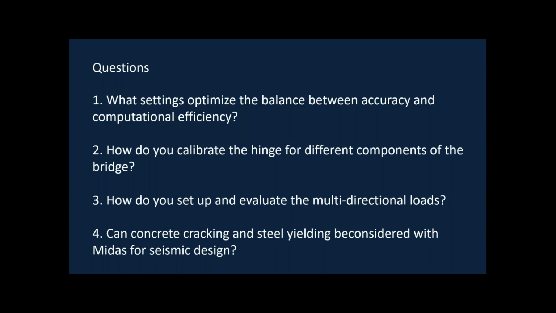So we need to provide a balance between that, and the practicing engineers and researchers are using the lumped plasticity type of model, and they have seen that it is a good representation of the actual scenario. Even if it is approximate, it has historically given better results. So we can go with the lumped plasticity model, even if it is not more accurate, because it is efficient to use.